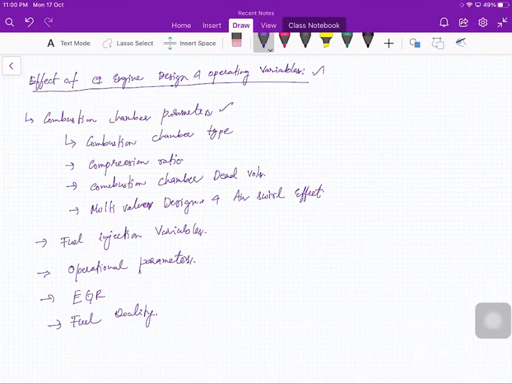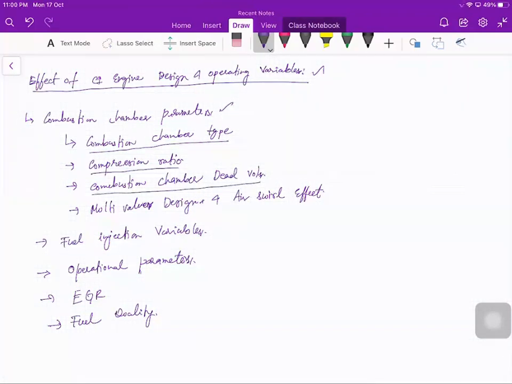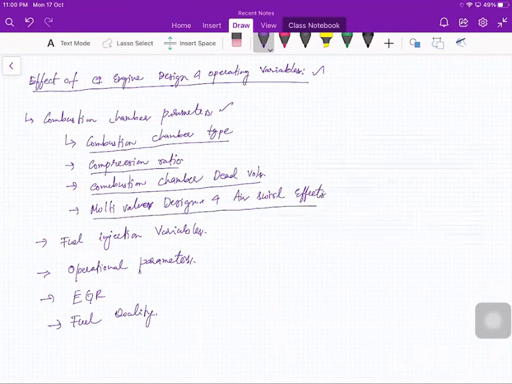That is combustion chamber type, and then compression ratio. The third one is combustion chamber dead volumes, and the fourth one is multi-valve designs and air spill effects.